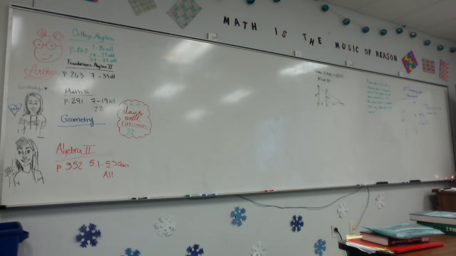What do I have to set up to solve this? A proportion. And what would my proportion look like? What goes with what? AB goes with EF. So I would have AB over EF equals what?